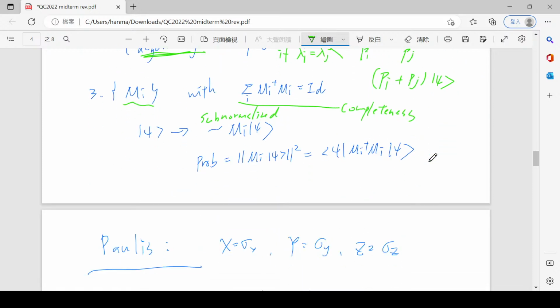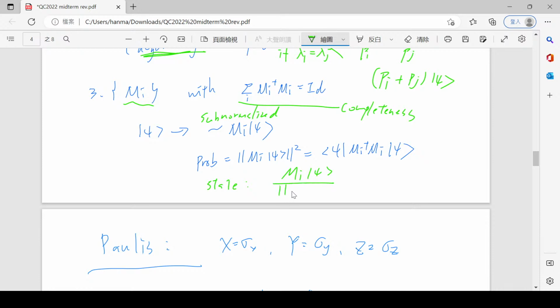So that's the probability, and also the post-measurement state will be this thing normalized to norm 1. So it's still Mi psi, but divided by its length, because you want the unit vector.